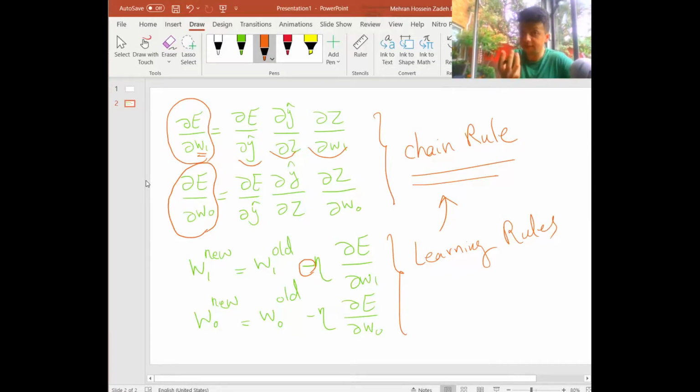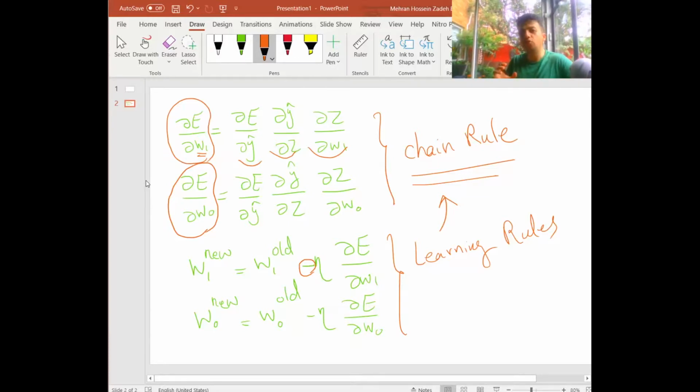So this is a positive value. So it means you have to decrease your w so that your error would decrease as well, because remember, the ultimate goal is to minimize the error. So when the rate of change is positive, you are saying minus that value. So you're reducing your w.